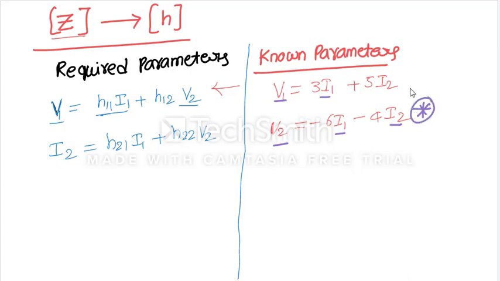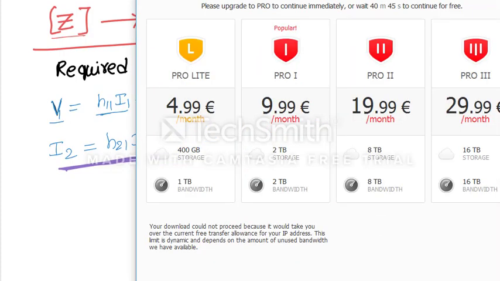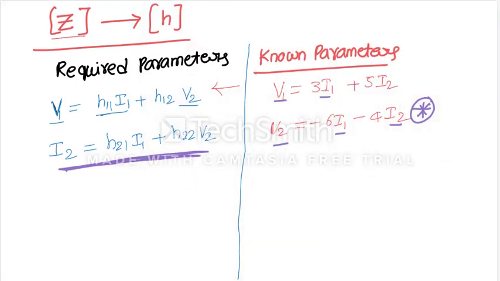So what should I call this equation? Star equation. Now we should convert the star equation into the required parameters form. For the required parameters, only I2 is on the left side and the remaining terms are on the right side. So only I2 must be on the left side.